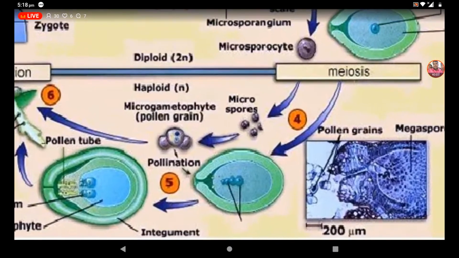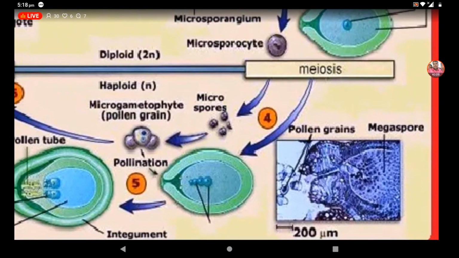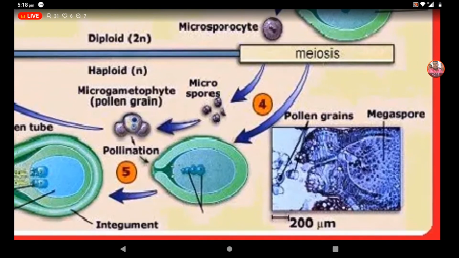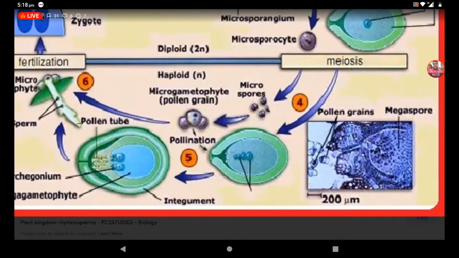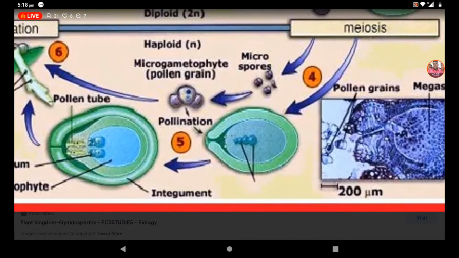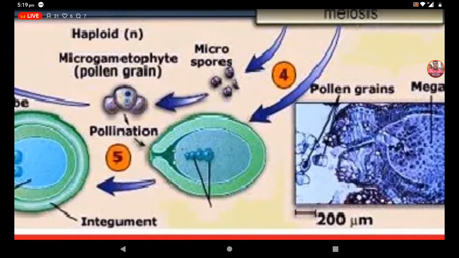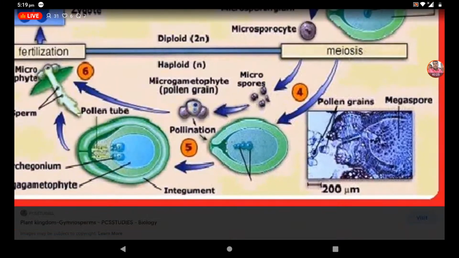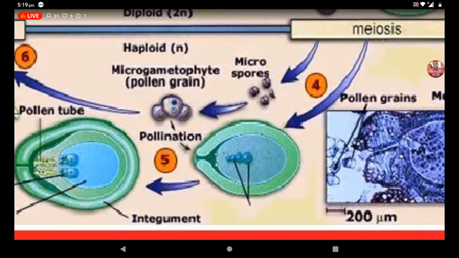If you take the megasporangium, a cell from the nucellus is modified into the megaspore mother cell, which follows meiotic division. Through the meiotic division, 4 cells are formed, a tetrad.